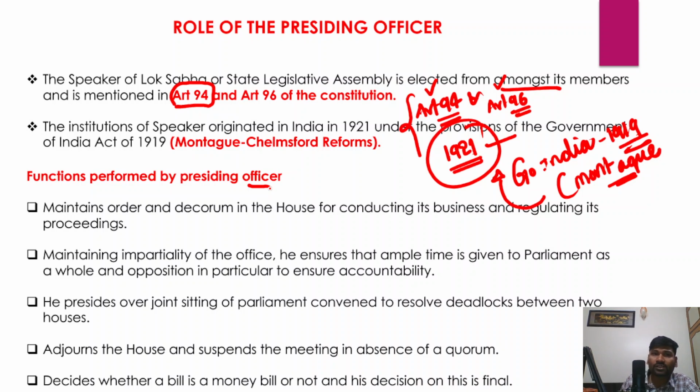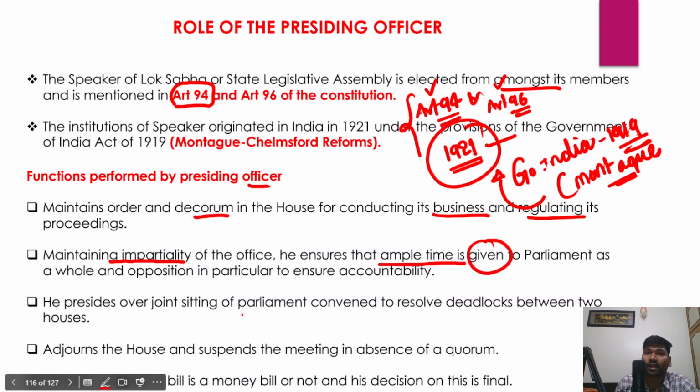The presiding officer maintains order and decorum in the house for conducting its business and regulating its proceedings, right? This is one of the most important duties performed by the Speaker. Apart from that, he also maintains impartiality of the office, and ensures ample time is given to parliamentarians, including the opposition political parties.